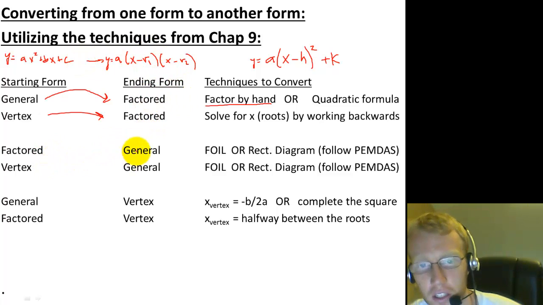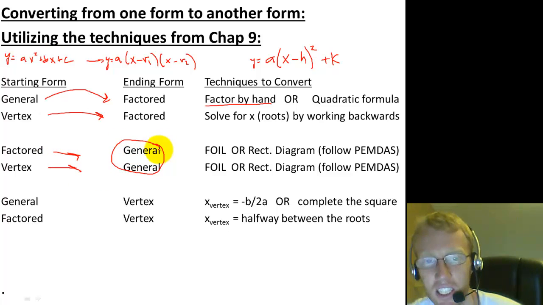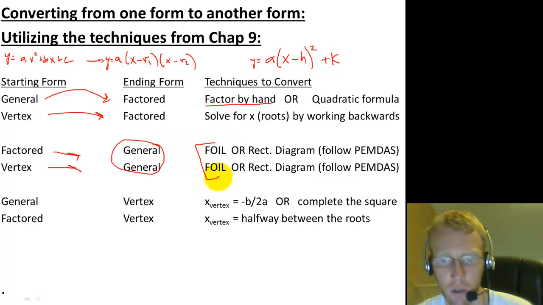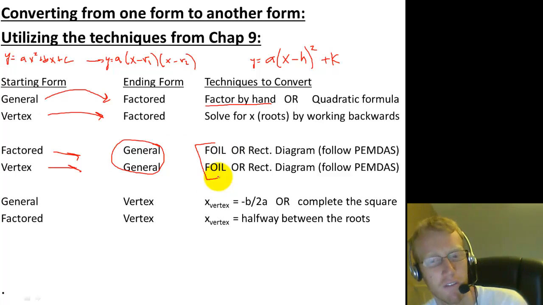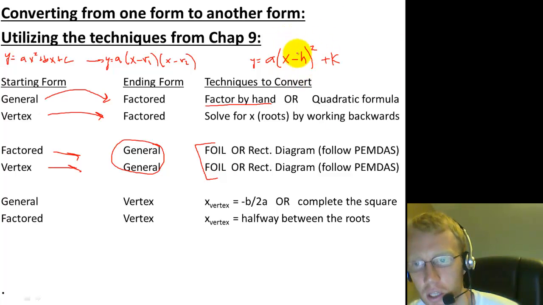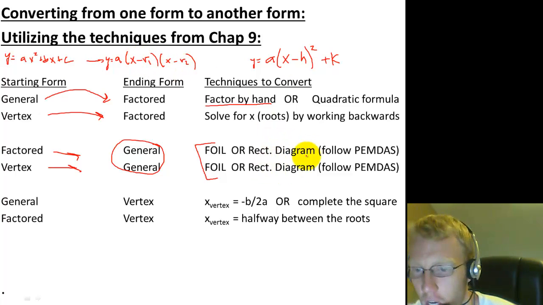To go from factored to general, so now you're going the other way, getting to general form, no matter where you're coming from, is typically the easiest thing to do because it's a set pattern. There's no trick where you have to figure out what to do. You always just FOIL it out. So if you've got it like this, you use the perfect binomial expansion, x minus h times x minus h. Or if you've got it like this, you distribute or use FOIL or rectangle diagrams, whatever your preferred method.